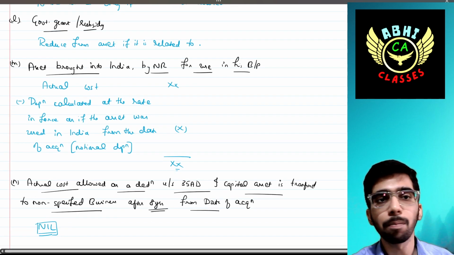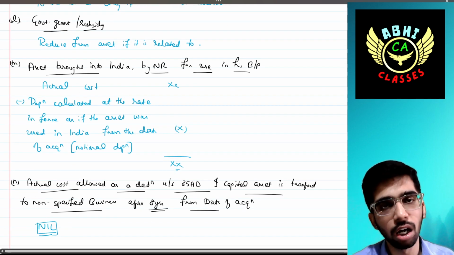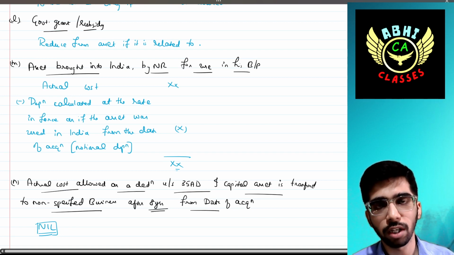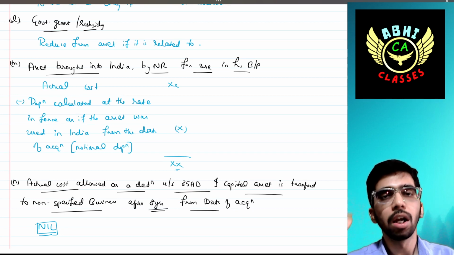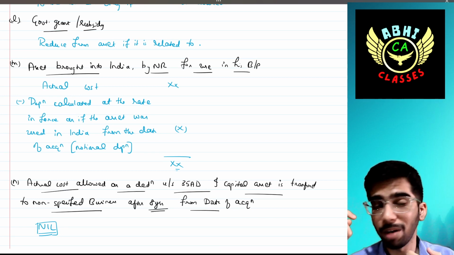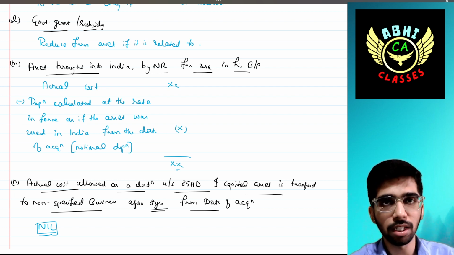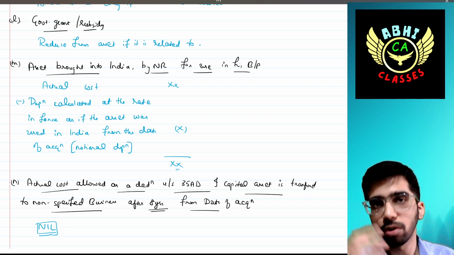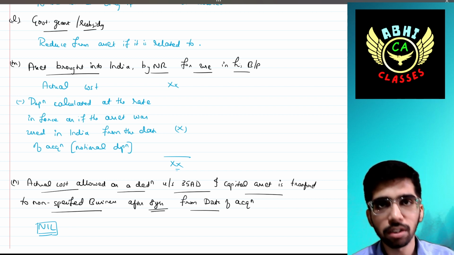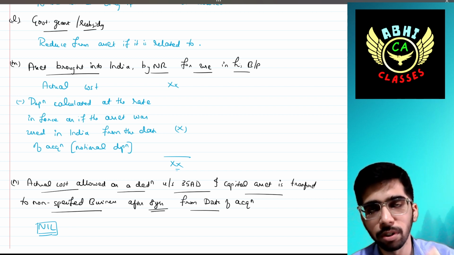Okay, then asset brought into India by an NR for use in his business. For example, an NR brings any business plant and machinery to India for business, then the actual cost of that asset is reduced by notional depreciation.